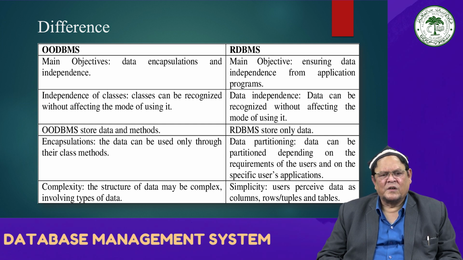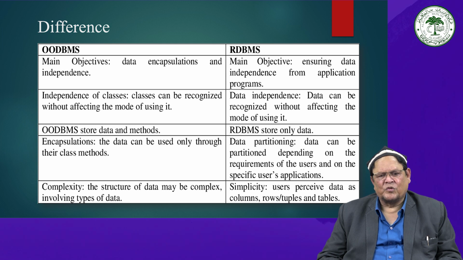Performance is also a consideration. An object-oriented database management system may offer better performance for object-oriented operations due to its native support for objects. In contrast, relational database management systems are generally optimized for relational operations such as joins and aggregations.